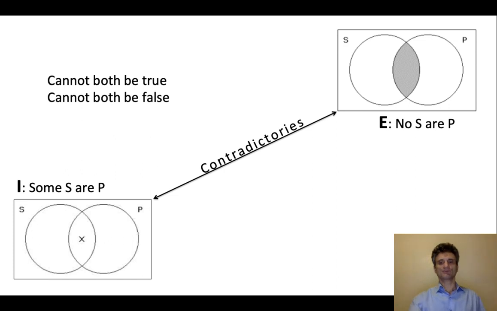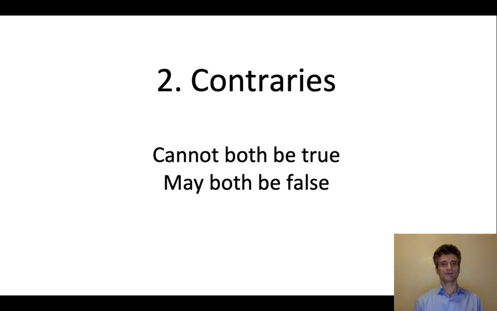So, in other words, A and O and also E and I cannot both be true and cannot both be false. They must have opposite truth values.